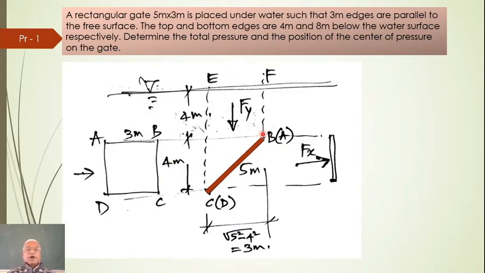Now how exactly it is done, look at this. The surface is inclined this way, and you know that this angle is theta, so this is making an angle theta with horizontal. The data as given, this is 4 meters, this is 8 meters, that's why it is like this.